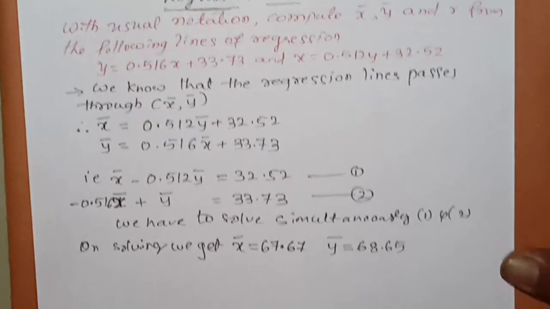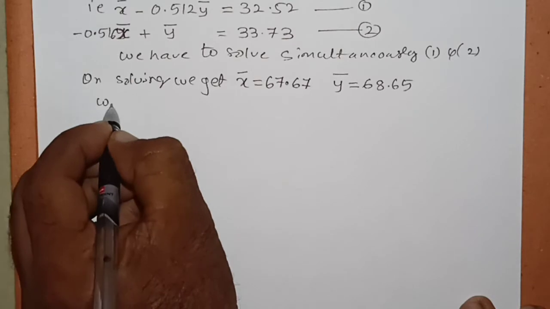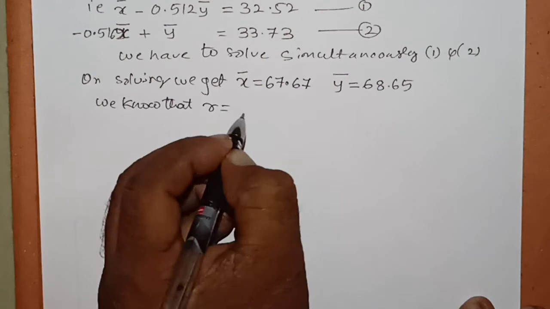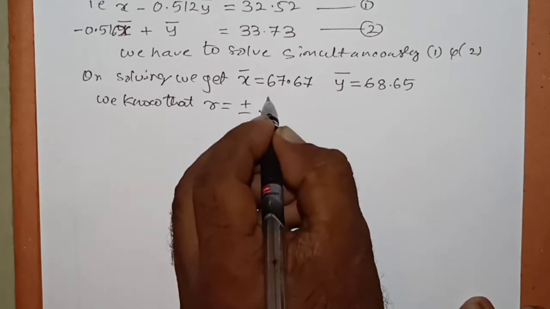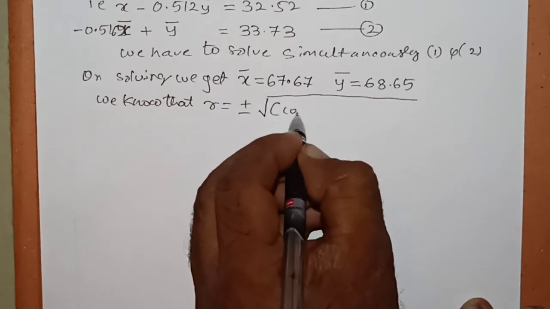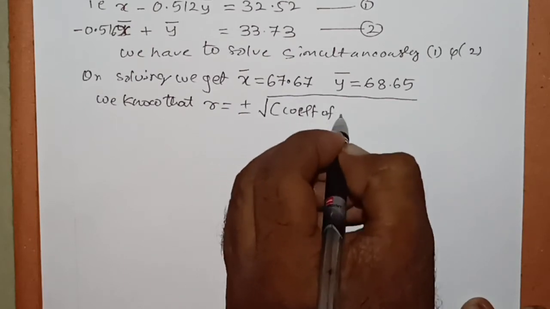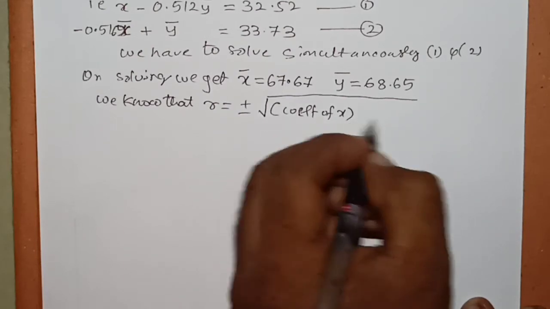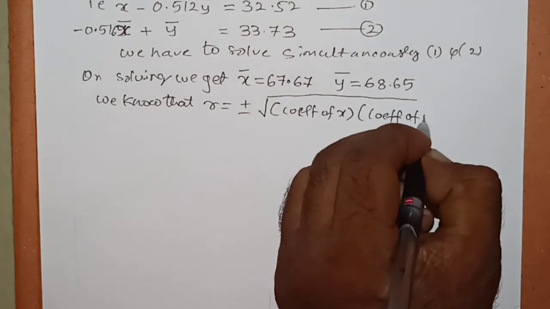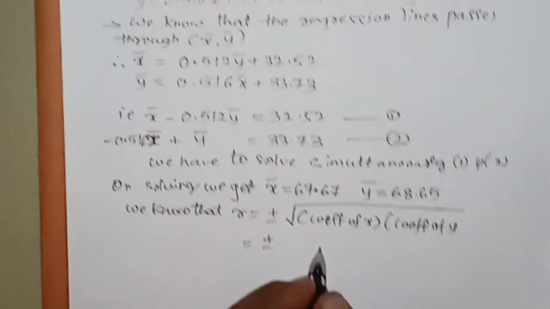Next, to solve for r, we have a formula like this. We know that r is equal to plus or minus the square root of coefficient of x into coefficient of y, taking the coefficients directly from the question.